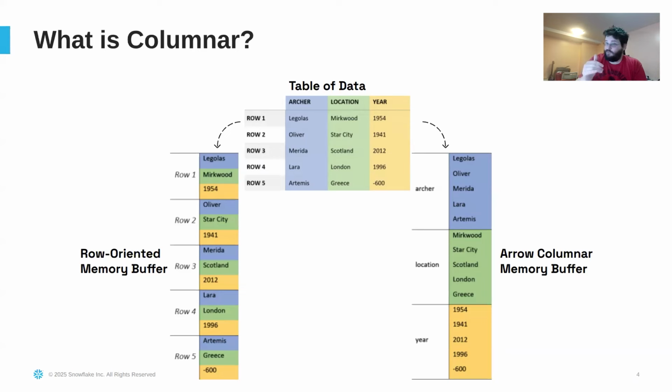If the data is column-oriented, you can just read the one year column, that one chunk of memory. You can even do it in one big shot, and then use the result to filter other columns.